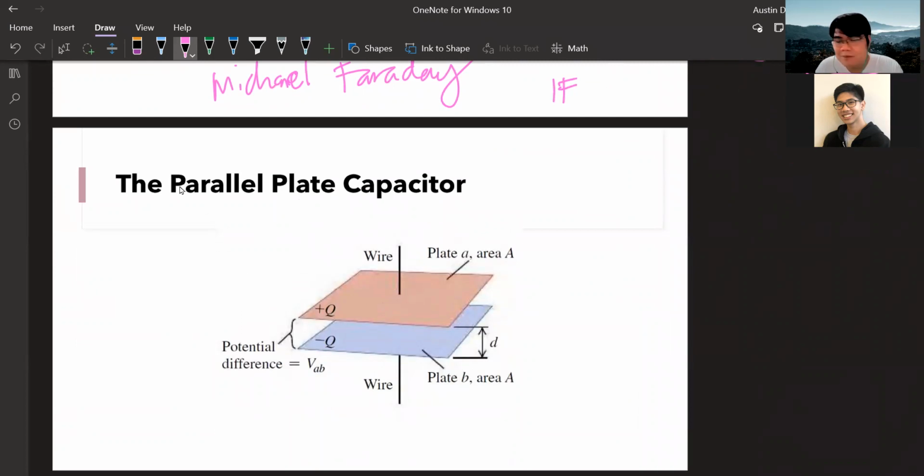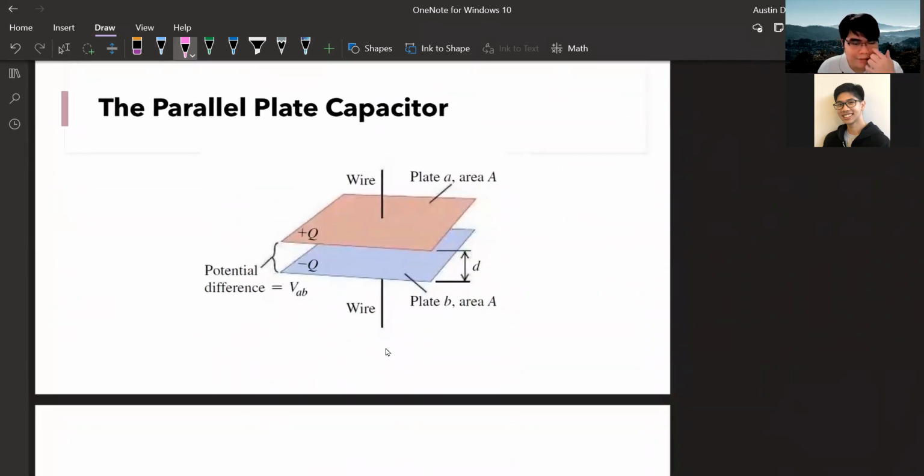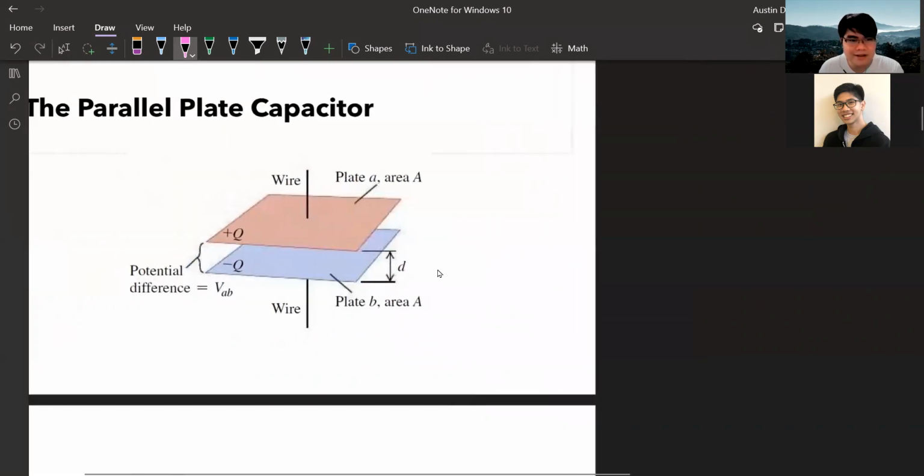And as the name suggests, may parallel plate, di ba? So may plates ka that is charged up with charges and brought up to a potential difference V_AB. Okay? So kaya natin makuha yung mga properties nito, no? Electrical properties at least.